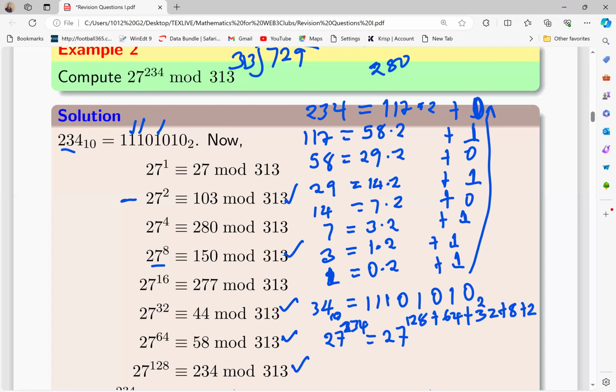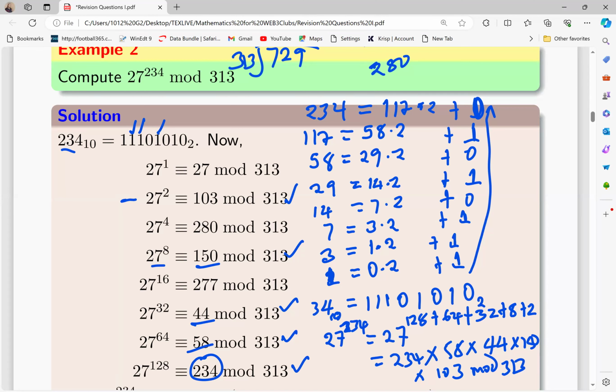So in fact, instead of these steps, we would just have written 234, then times 58, then times 44, then times 150, then times 103, and we do it mod 313.